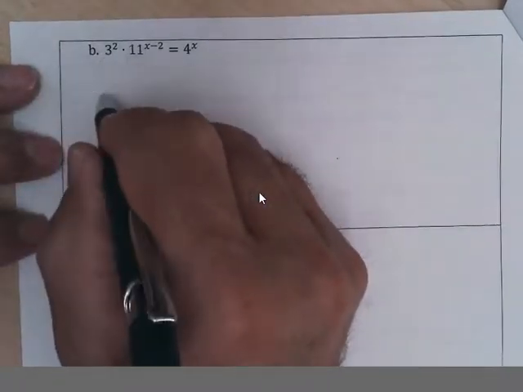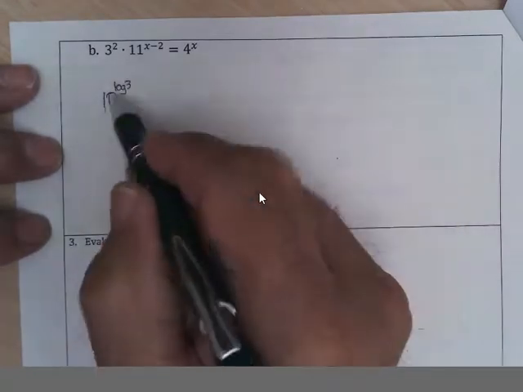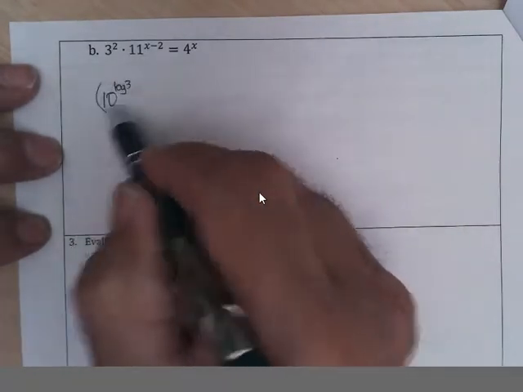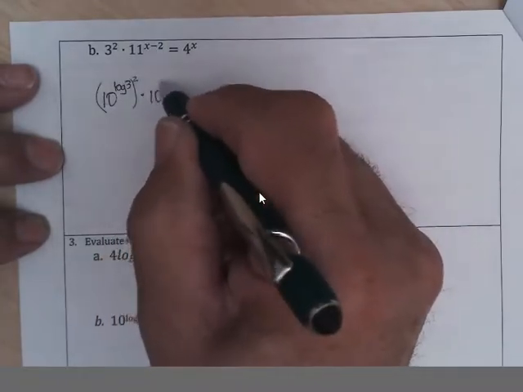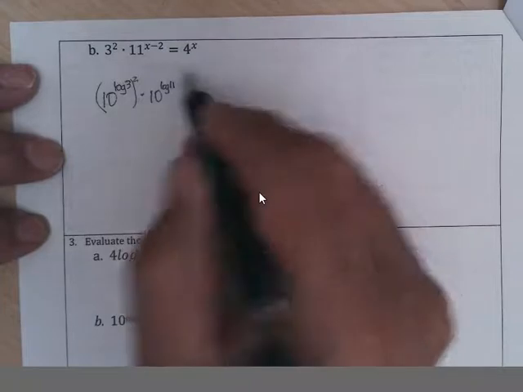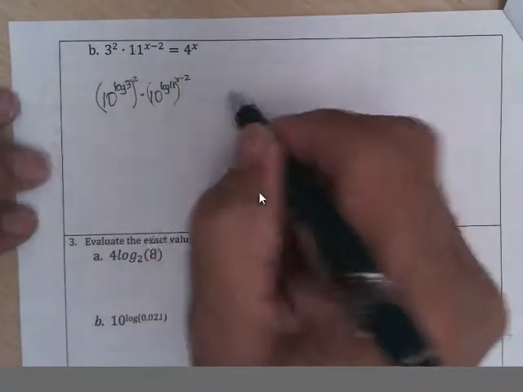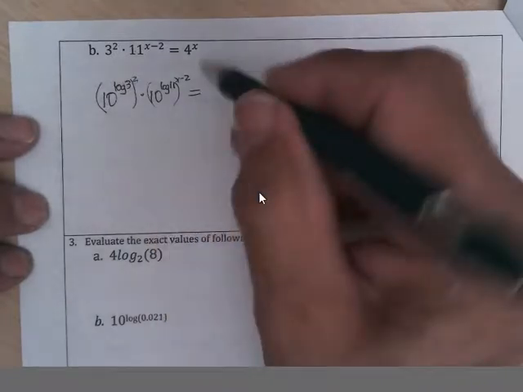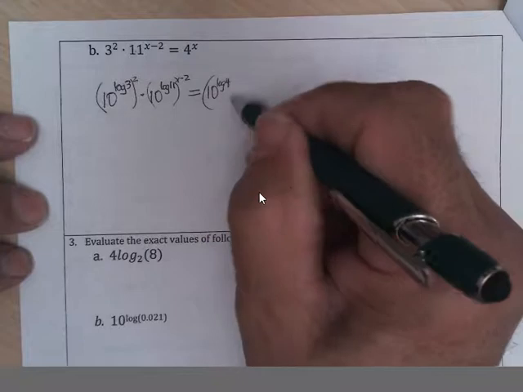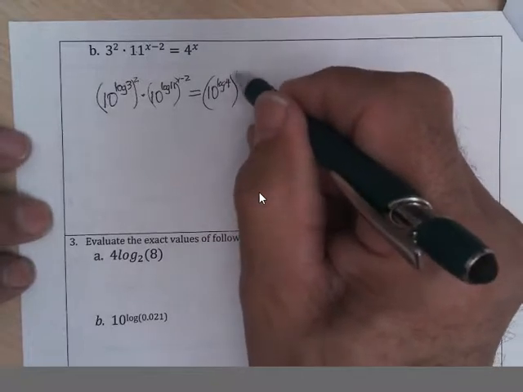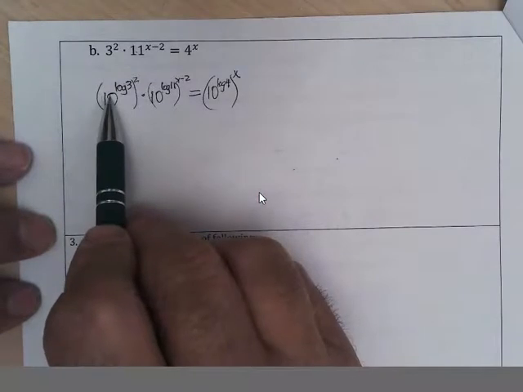So 10 to the log 3, that's another name for 3, 3 squared times 10 to the log 11, that's another name for 11 to the x minus 2, equals 10 to the log 4 to the x. So that's 4, that's 11, and that's 3.